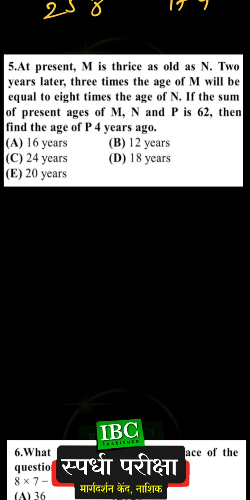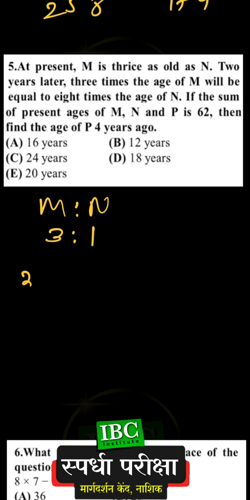The question is about ages. At present, M is thrice as old as N. So the ratio of M and N is in the form of 3:1. 2 years later, so they are telling us to go ahead by 2 years.